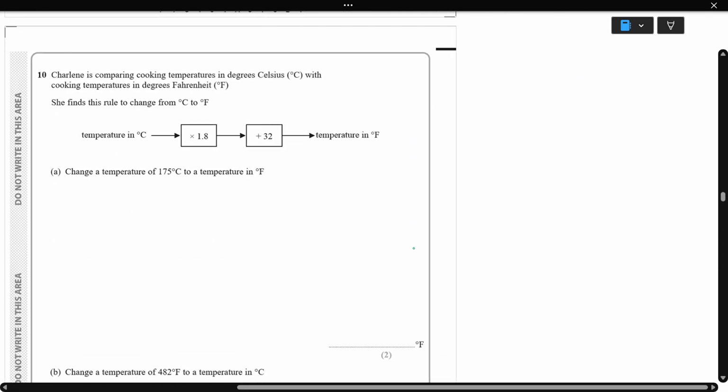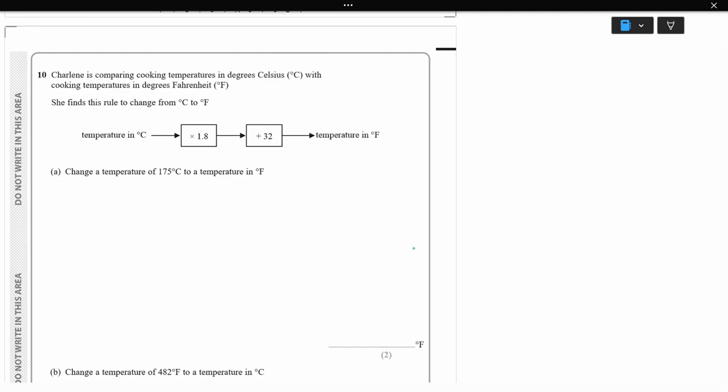Okay, so next question 10. Shalini is comparing cooking temperature in degrees Celsius with cooking temperature in degrees Fahrenheit. So she finds this rule to change Celsius to Fahrenheit. Change the temperature 175 Celsius to Fahrenheit.